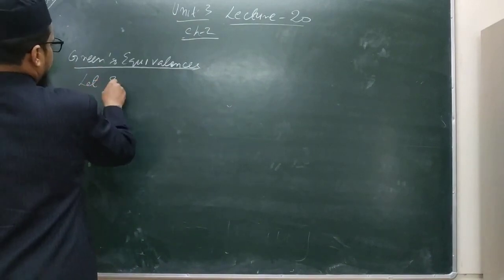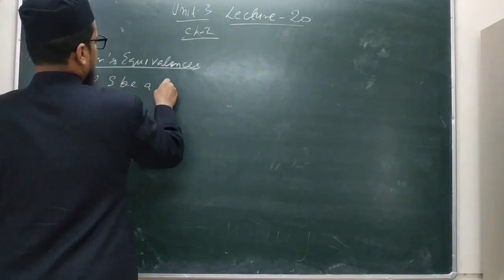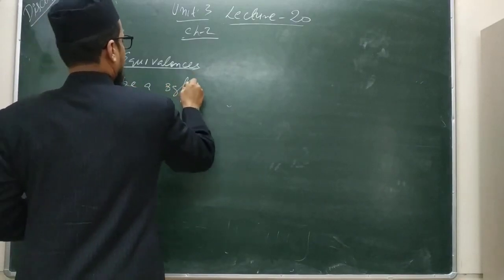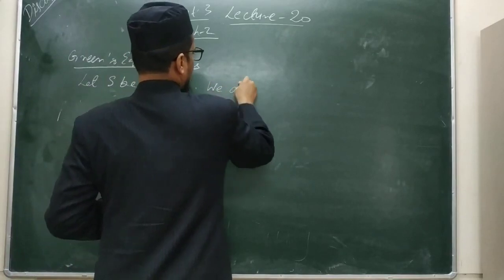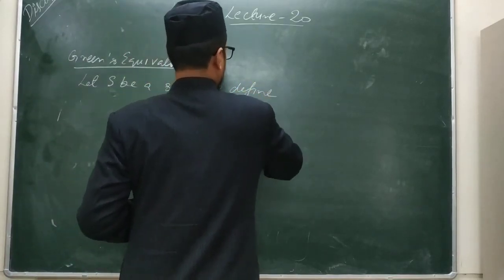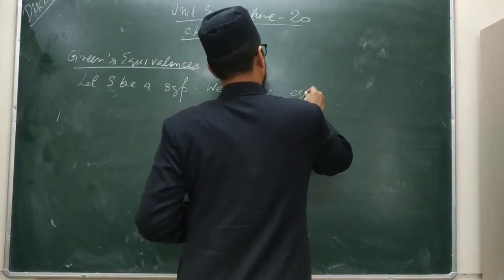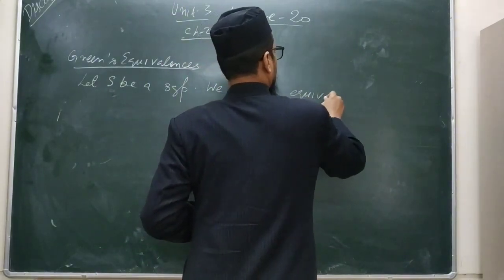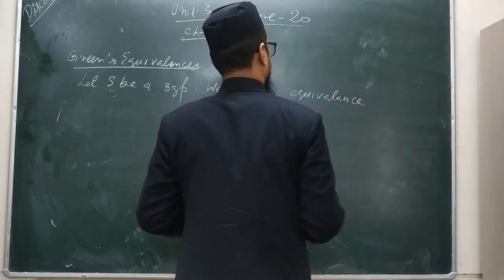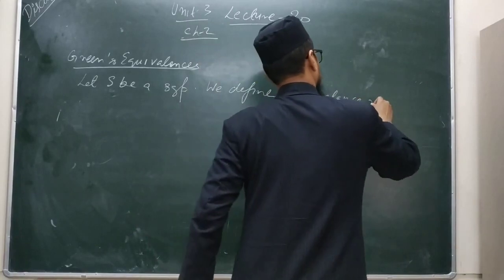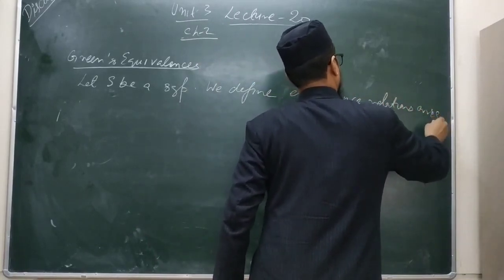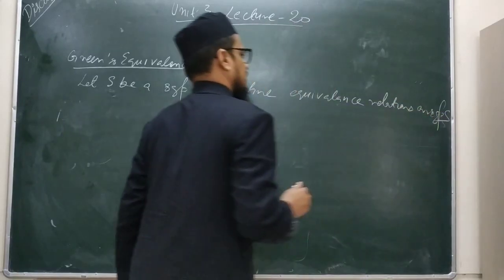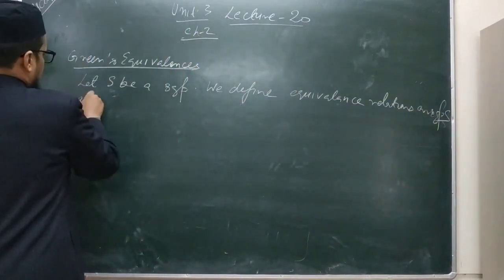So let S be a semigroup. So we define equivalence relations on semigroup S as follows.